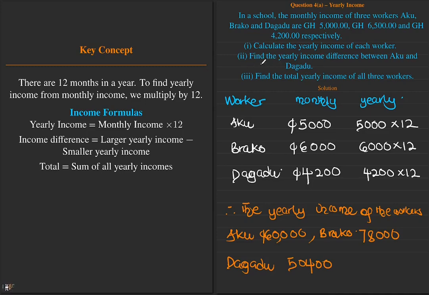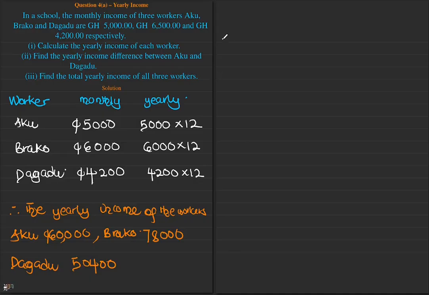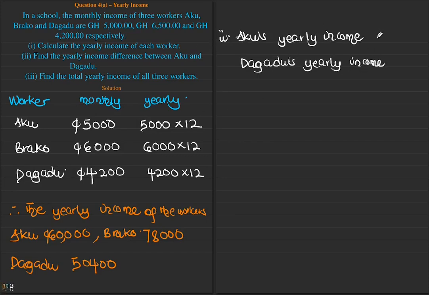It goes on to ask, we have to find the yearly income difference between Aku and Dagadu. So for the second one, we know that of Aku and we know that of Dagadu. So we would say Aku's yearly income is 60,000, and that of Dagadu was 50,400.